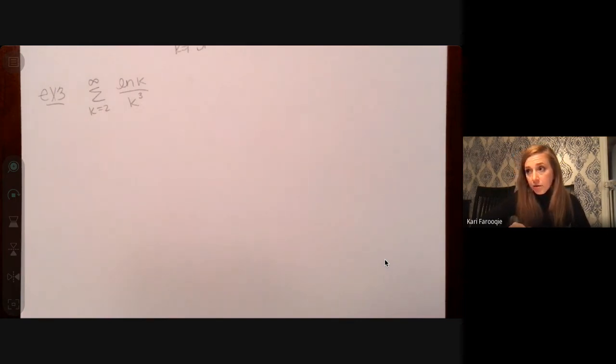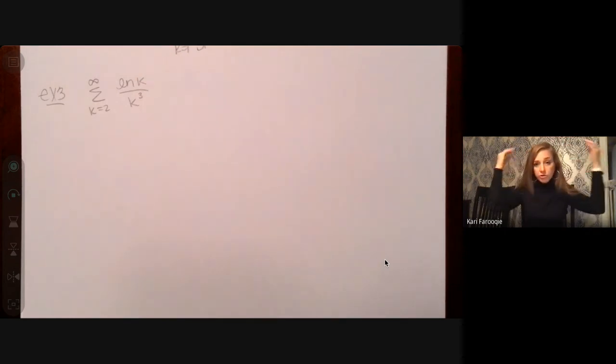Now, you would have to show that. But if you're going to use this test, you need to make a conjecture first, because there's no point in using a comparison test if you don't know what you're expecting to happen. You need to show that your series is either greater than one that diverges or less than one that converges. So what are you trying to show if you don't even know where you're headed?